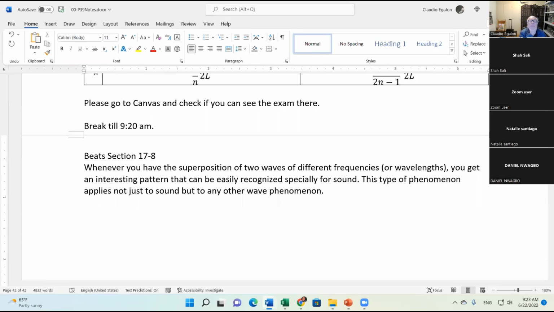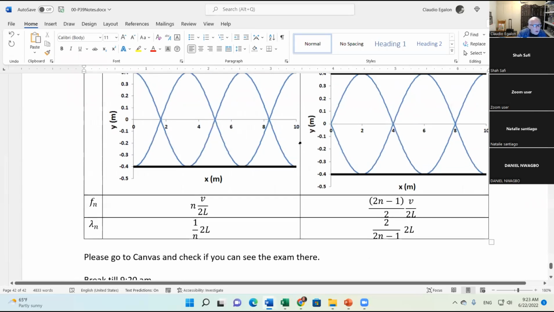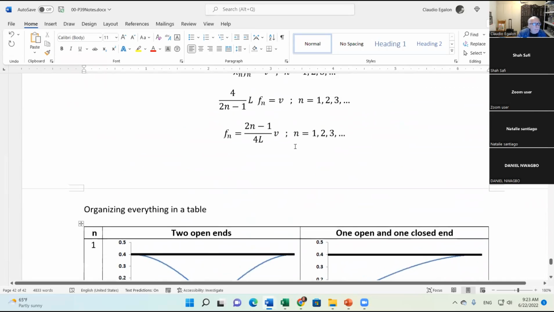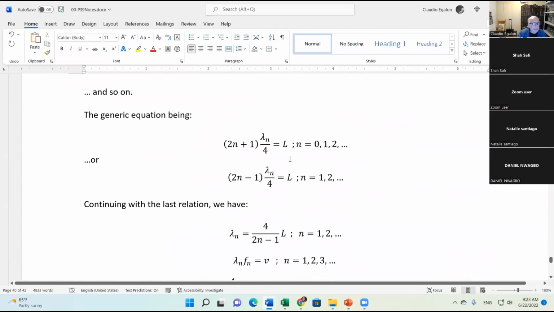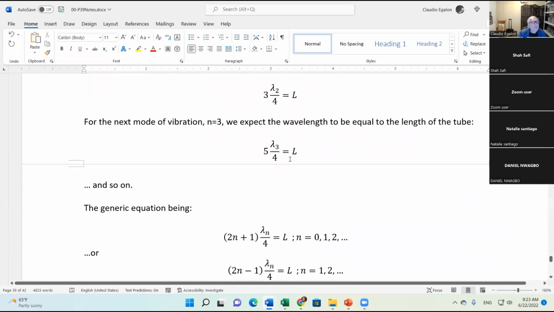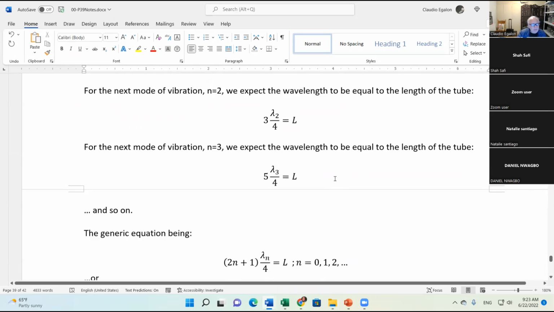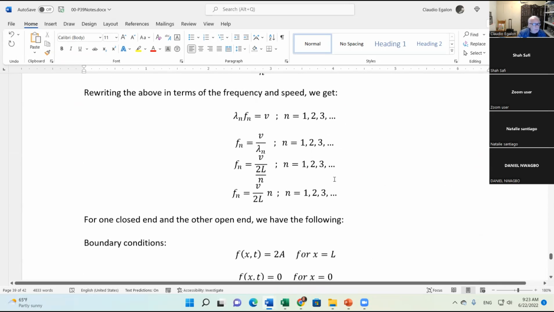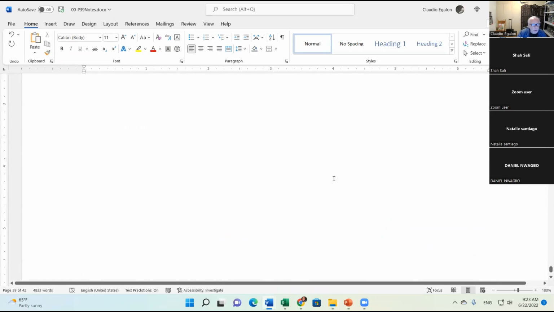So what I'm talking about, okay? So far, we have been talking about interfering two different waves, two waves that have the same wavelengths, the same frequency, but slightly different phases. That's what we have been talking about. So here you go.